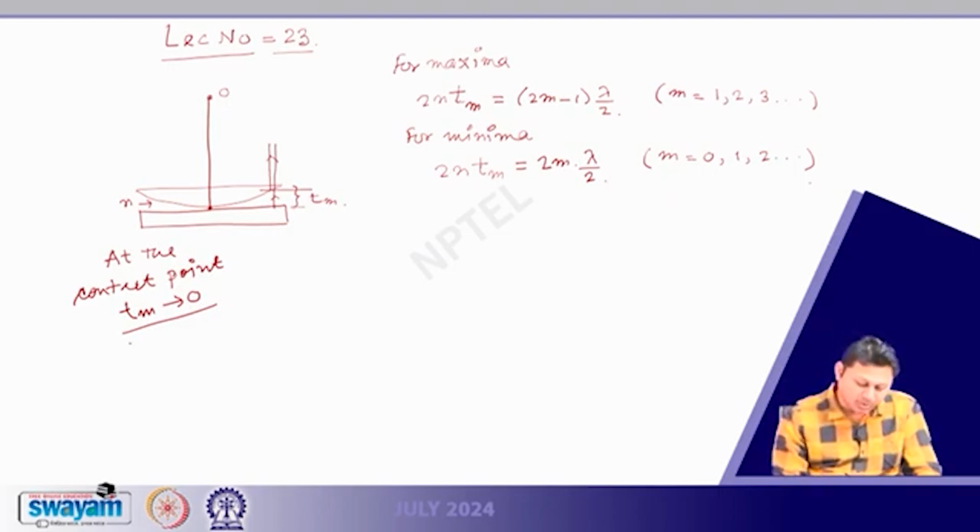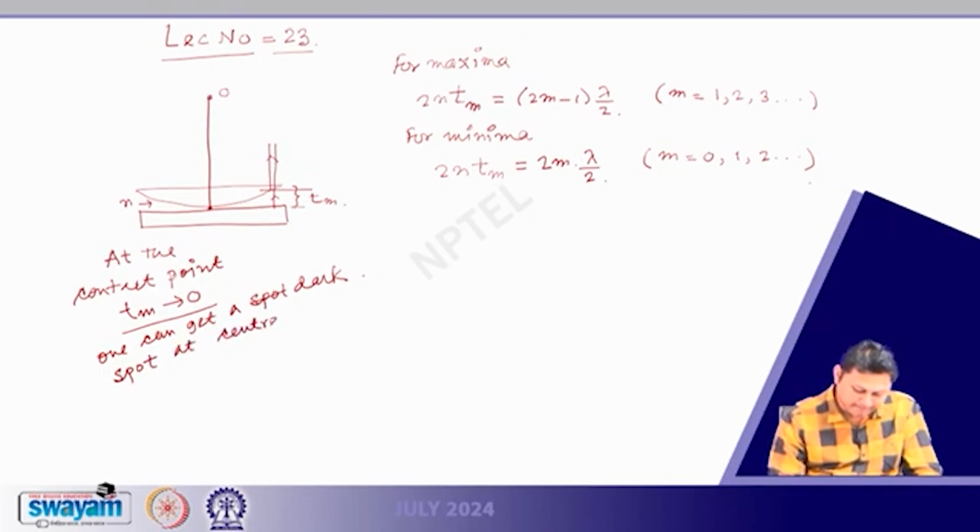That means at the contact point, since Tm equals 0, one gets a dark spot at the center.